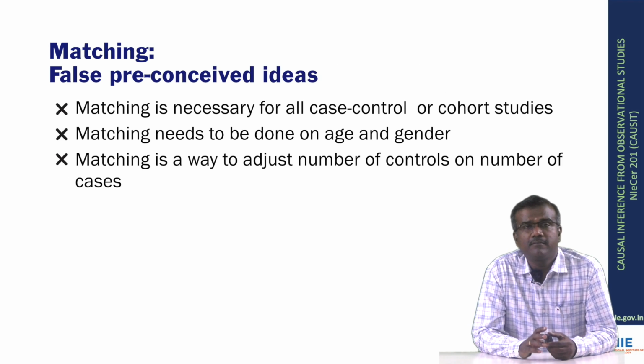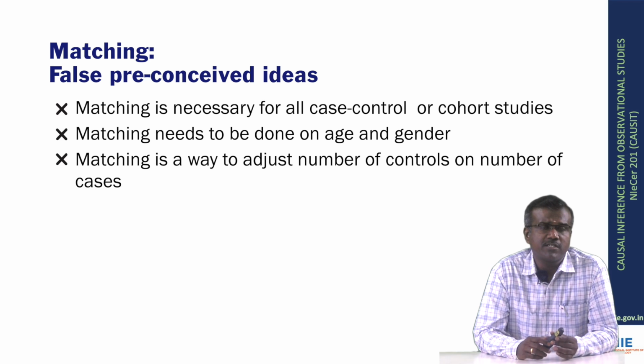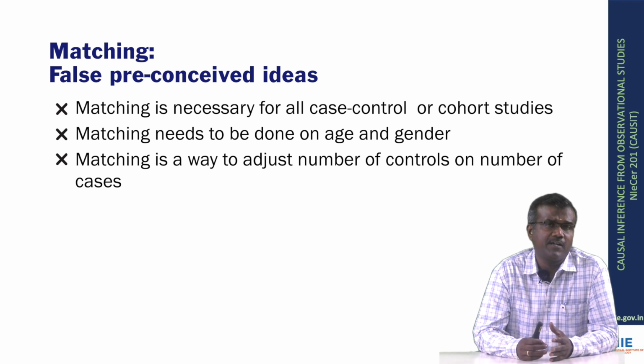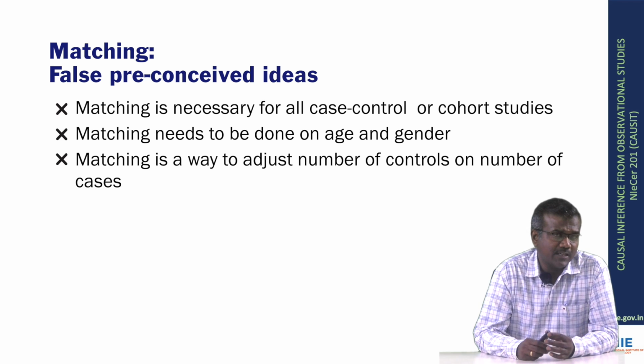Very often, the preconceived notions that are always around matching are not correct. For example, there is a notion that matching is necessary for all case control or cohort studies. That is not the case. And many times matching is linked to the fact that we need to do it on definitely age and gender. That is not the case.